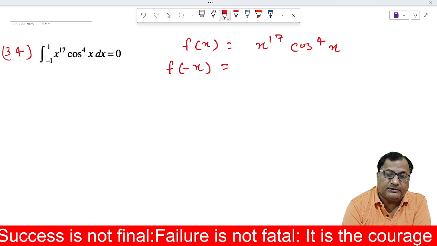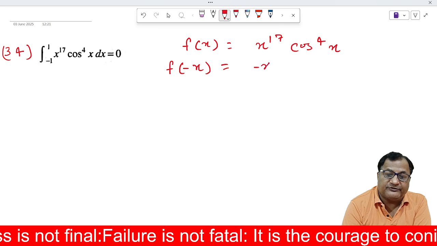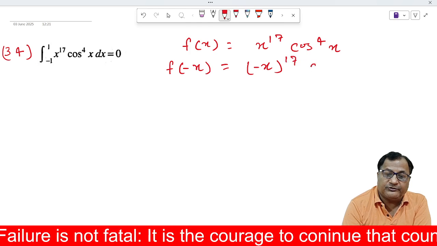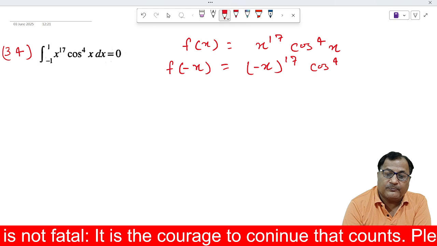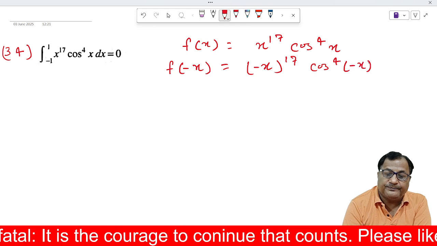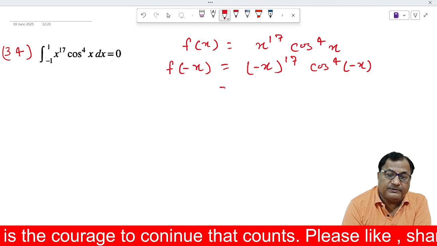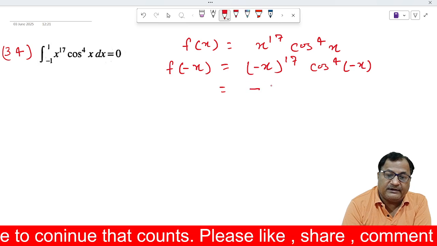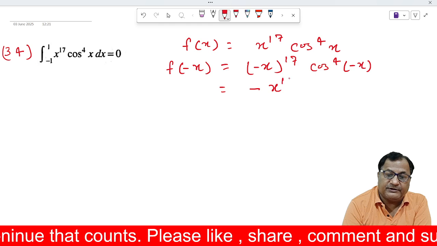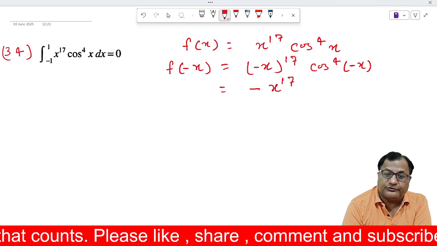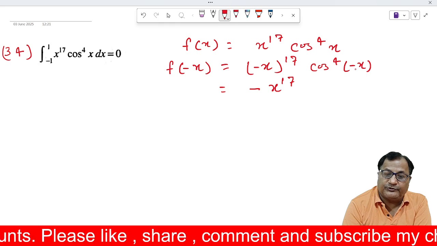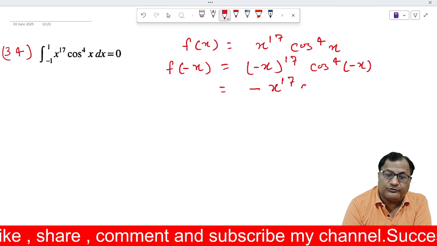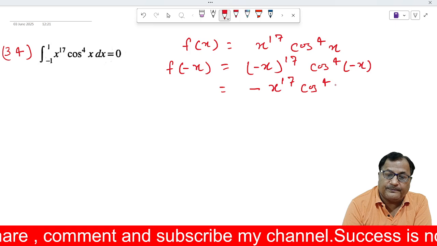If we put minus x, then this will be (minus x) to the power 17 cos 4(minus x). So this will be negative, because the power is 17, so minus x to the power 17, and cos of minus is positive and the power is also 4, so this will be cos 4x.